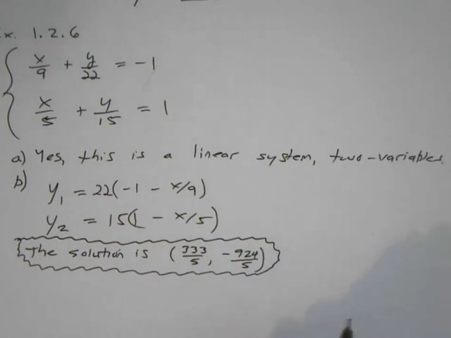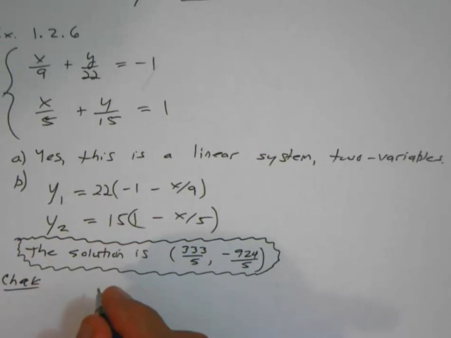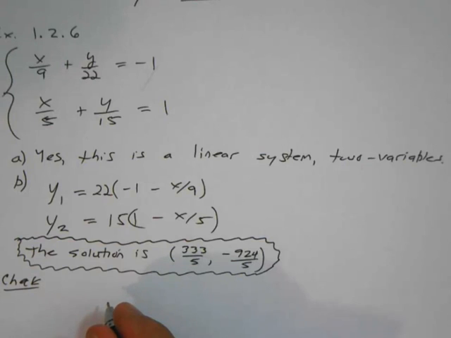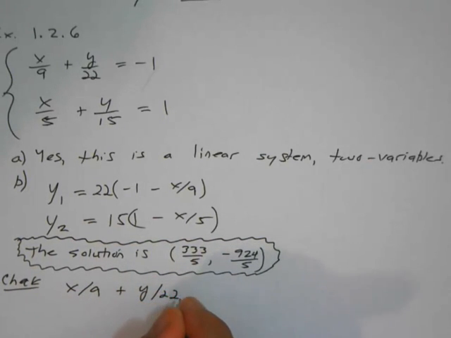Alright, now let's check things over. Time to go to the original equations and see if upon substitution this x and y make both of the first equations true. And let's take the left-hand side of the first equation, x divided by 9 plus y divided by 22.